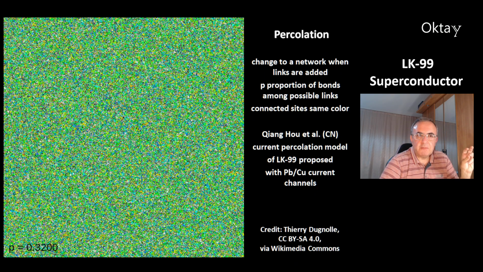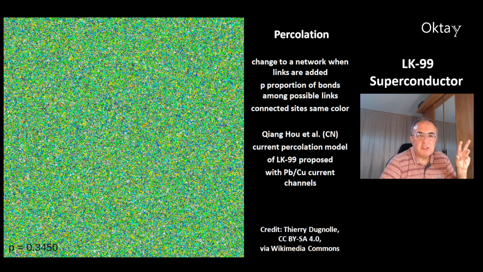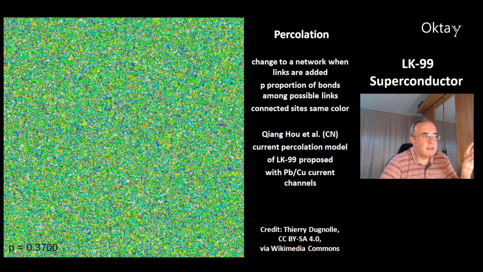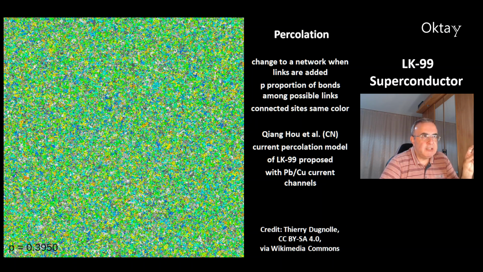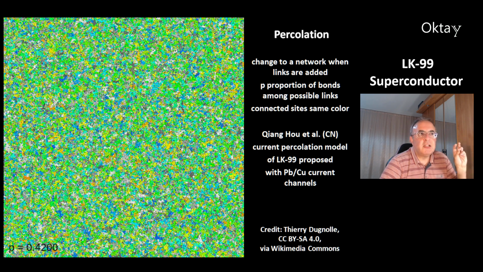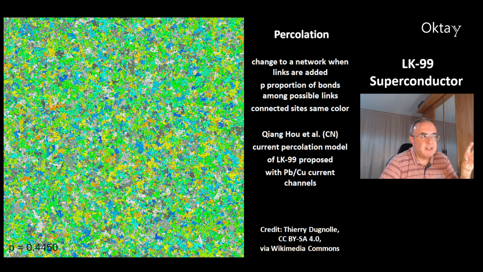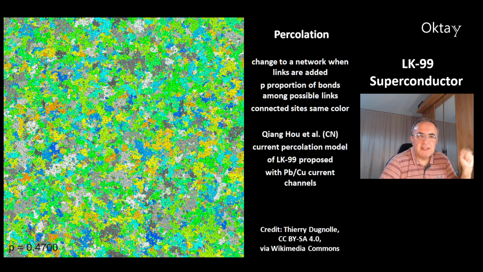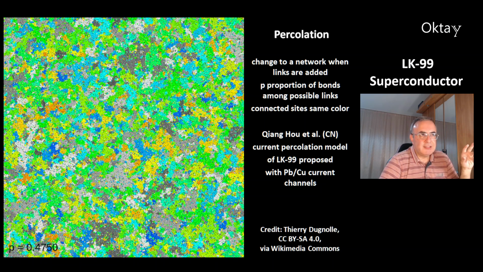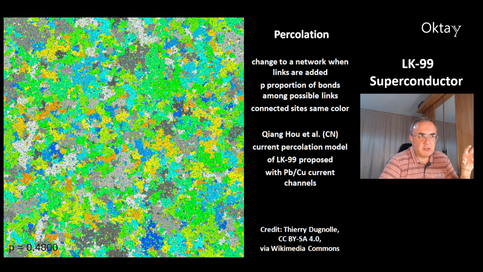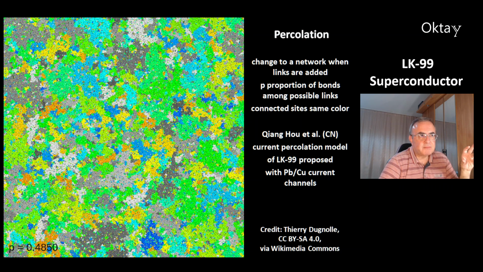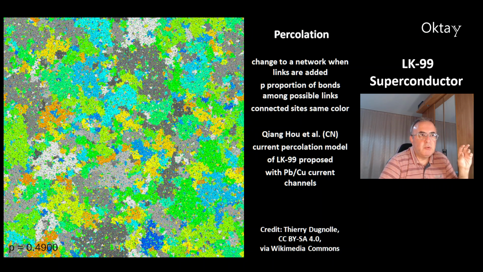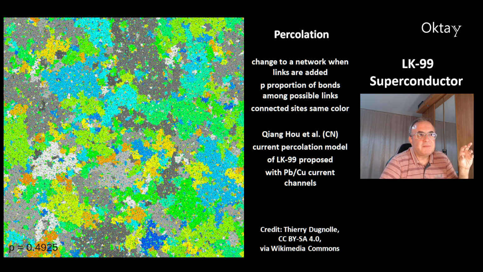This is the phenomenon of percolation. This is a change to a network when links are added. At the bottom left, you can see P, this is the proportion of bonds among possible links. You can see the change if P increases. In this animation, the connected sites have the same color. There's a work of Qiang and colleagues from China.